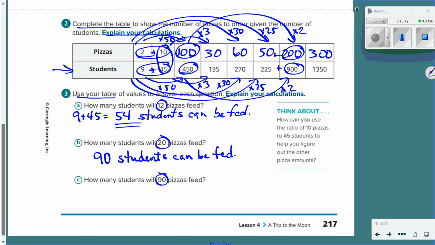And what about 90 pizzas? Given what we've got, I would probably just do additive because I can add those two together to get 90, right? So if I add those two together, I'm going to get 405.